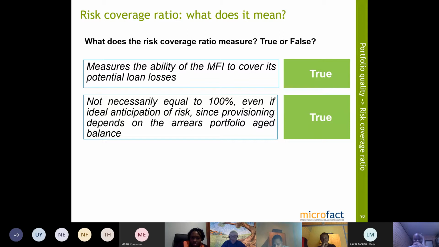But actually, what other ways do you have to protect yourself against potential losses? Collateral? Yes, actually, indeed. So this is possible. If some of your loans are covered by collateral, this can be collateral in kind that you have registered, but many organizations also use compulsory savings.